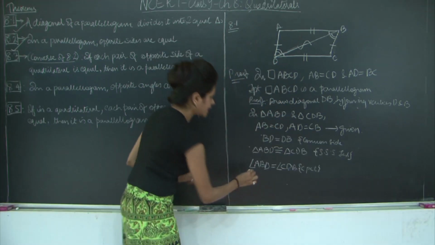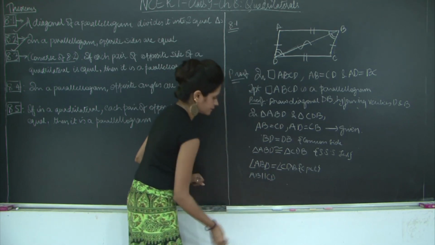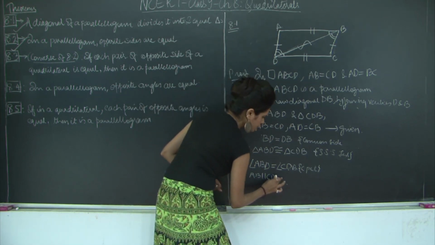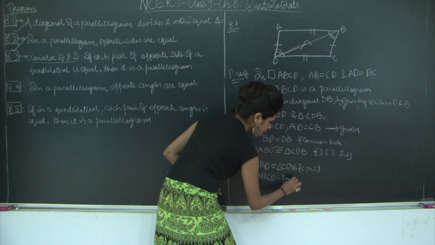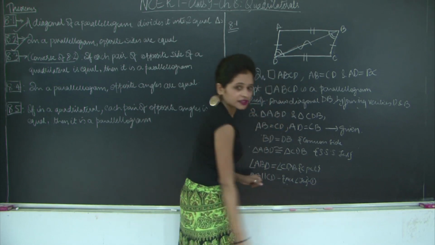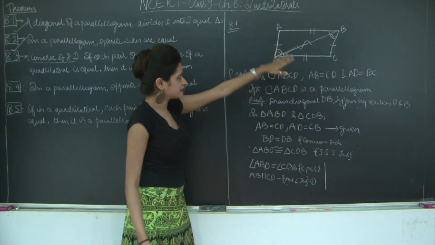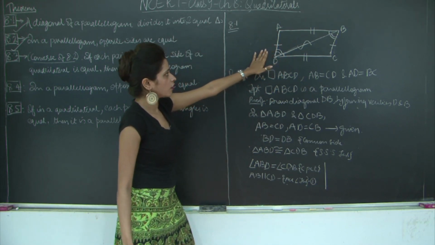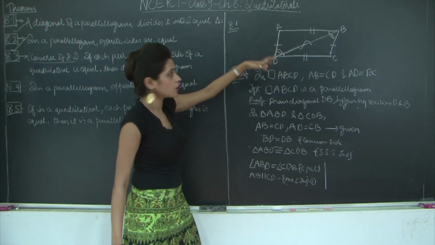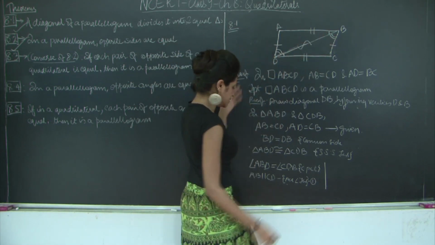Therefore, what can I say? That AB is parallel to CD. First of all, I'll say alternate angle theorem and I'll mark this as 1. Similarly, let's prove that AD is parallel to BC through corresponding parts of congruent triangles, that is angle ADB is equal to angle CBD.